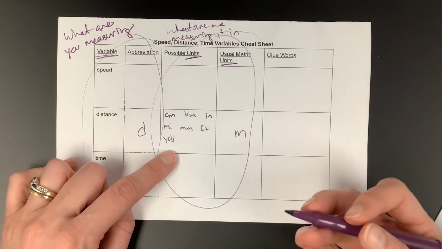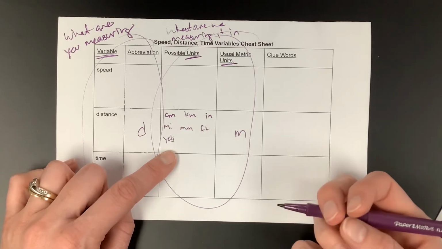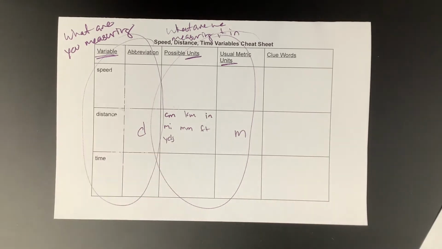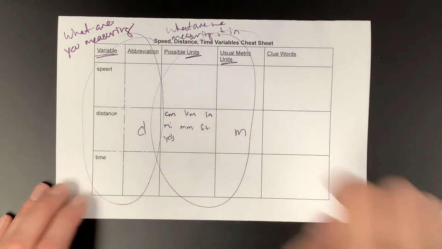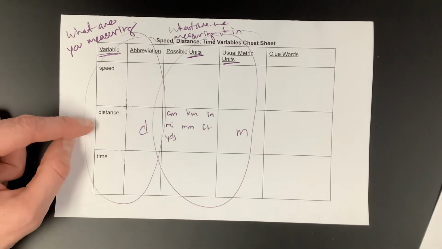Light years. Hectometers. Yep, those are all units used to measure distance. Picometers, decameters, decimeters. We've got feet, yards, inches. Those are all units we could use to measure distance.